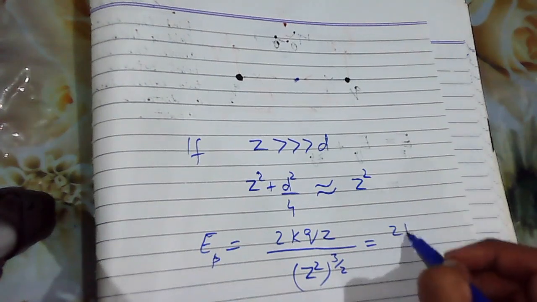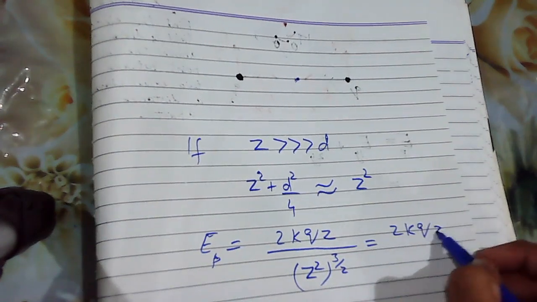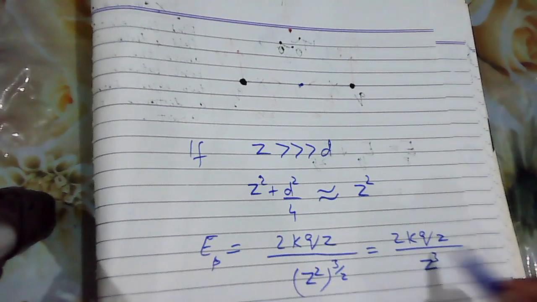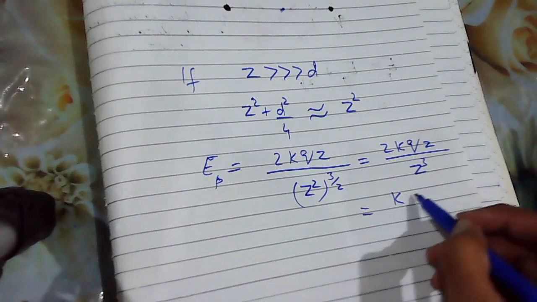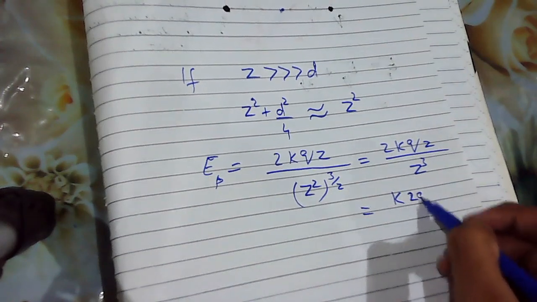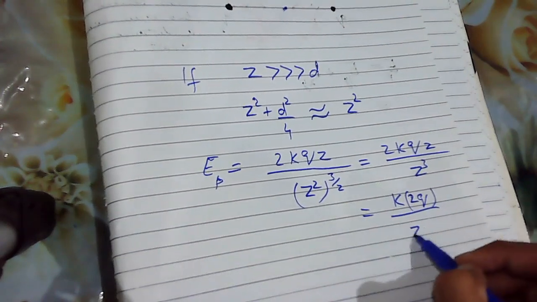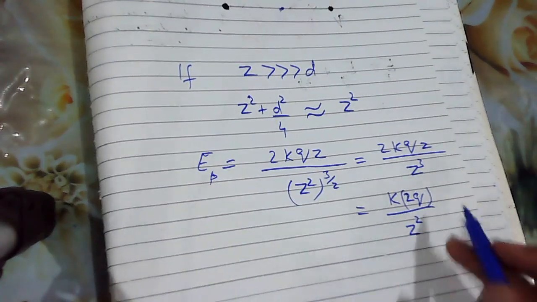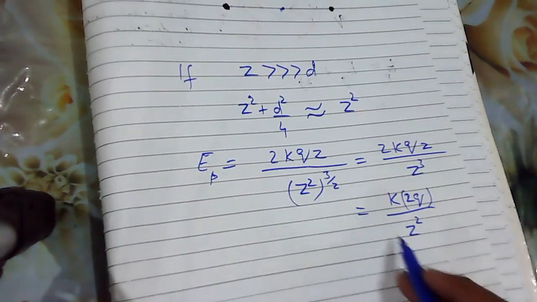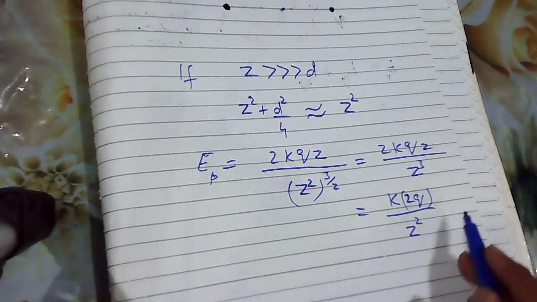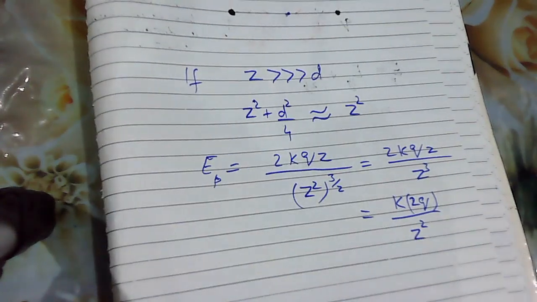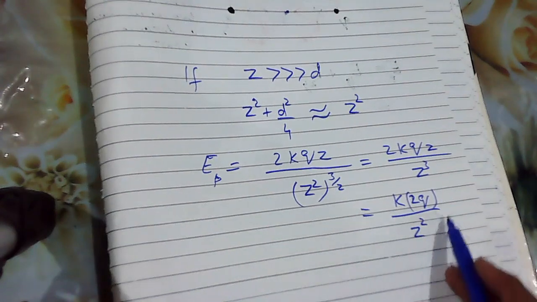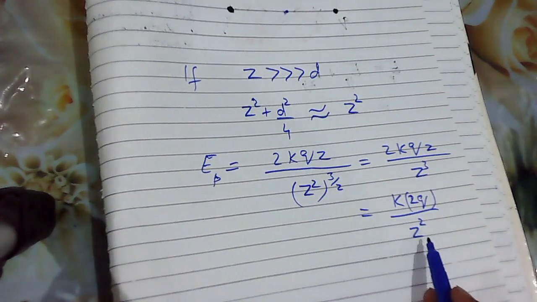In the next step it becomes 2kqz divided by z cube, which becomes k times 2q divided by z square. Now look here, what does this mathematical expression represent? Listen carefully, this expression is for the electric field of a point charge.